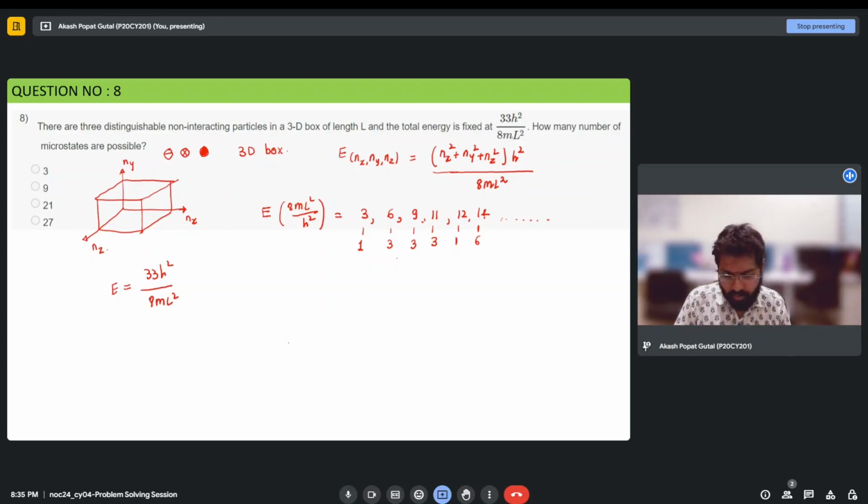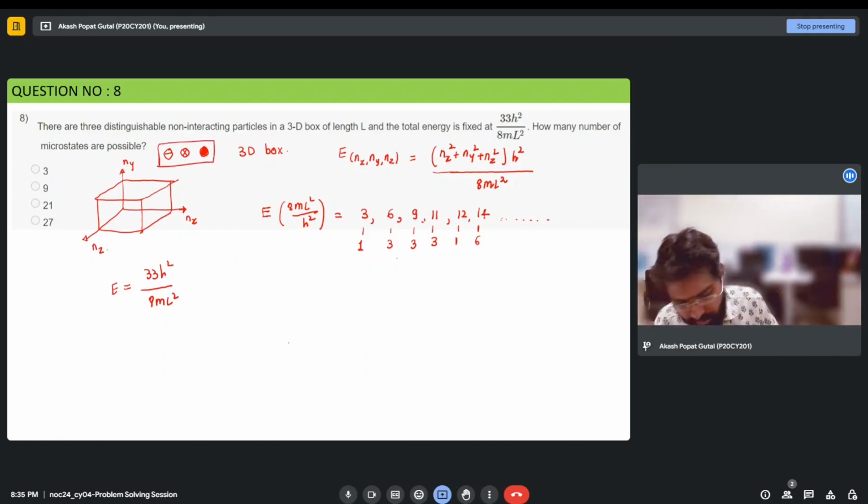Fine. So we need to assign these three particles to the energy levels of the particle in the box such that the total energy will be 33 h square by 8 m l square. So we need to partition.